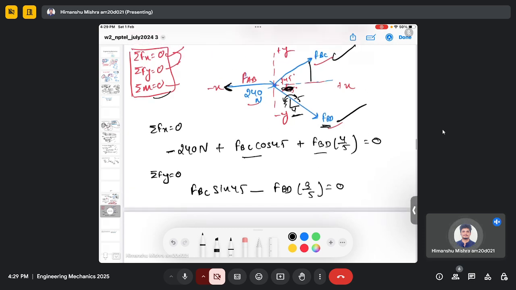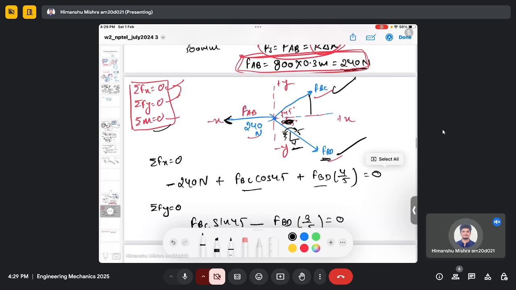So this we actually discussed in the previous class, like our first question was, if we are given the angle and the triangle ratio, then how to calculate the component of the force.